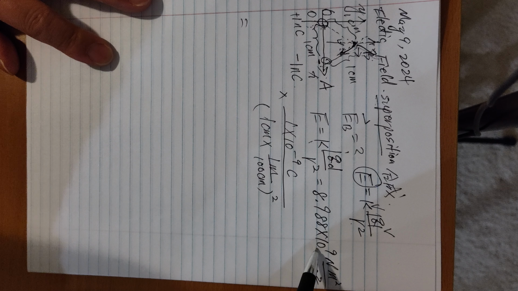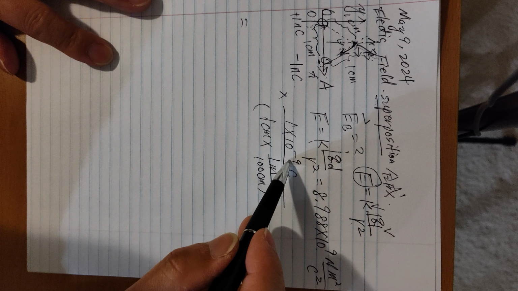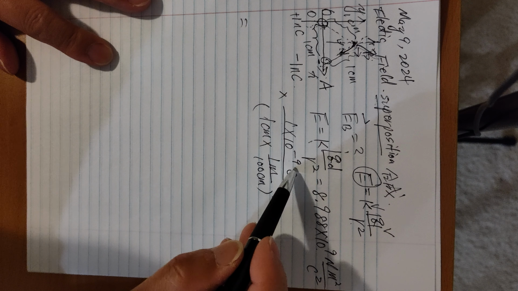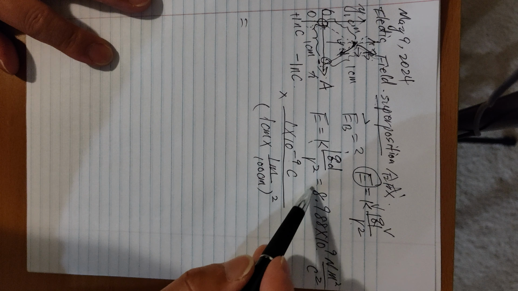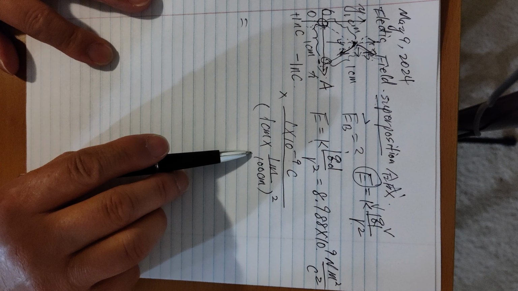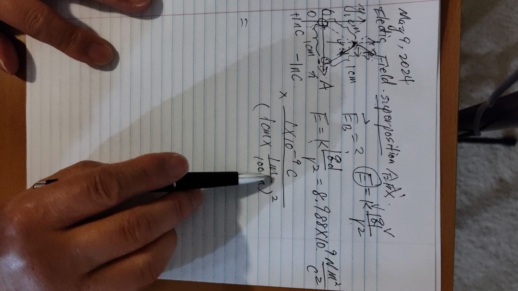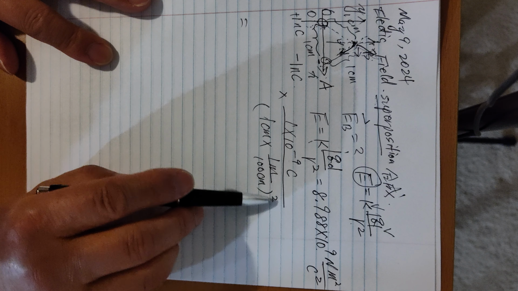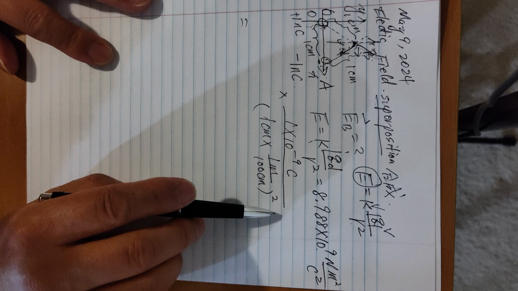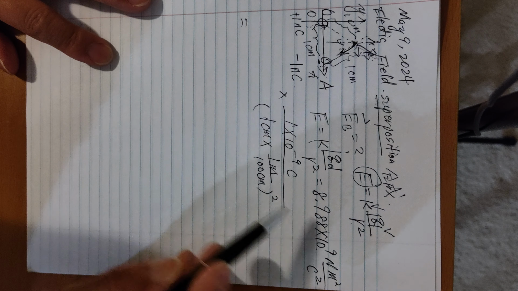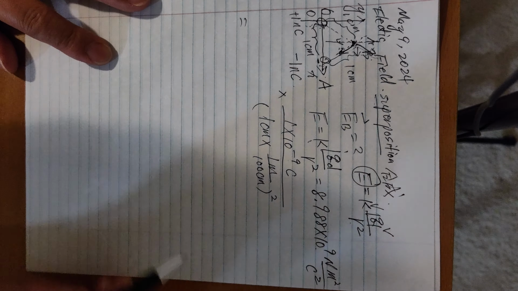So this 10 to the power of 9 cancels with this 10 to the power of negative 9. So that's the number we have. And then here is 10 to the negative 2 squared, which is going to be 10 to the negative 4. But once you flip it, it's going to be 10 to the 4.